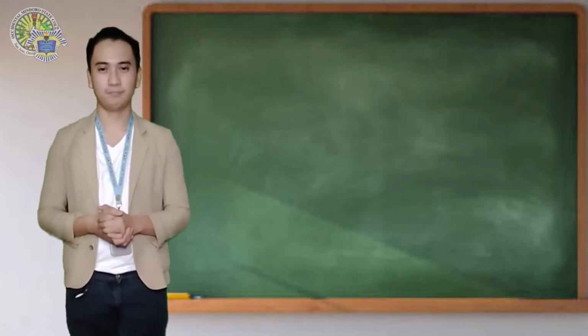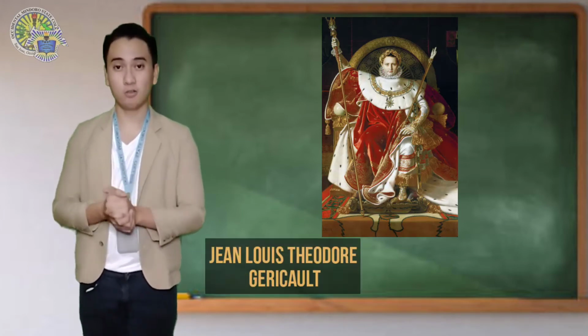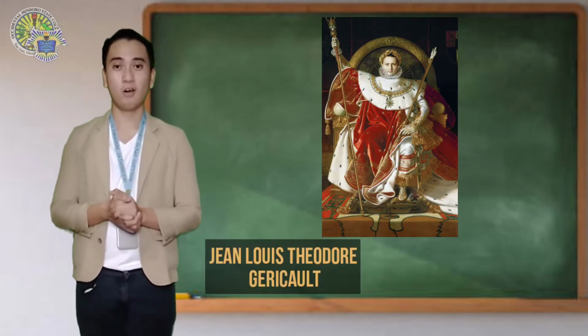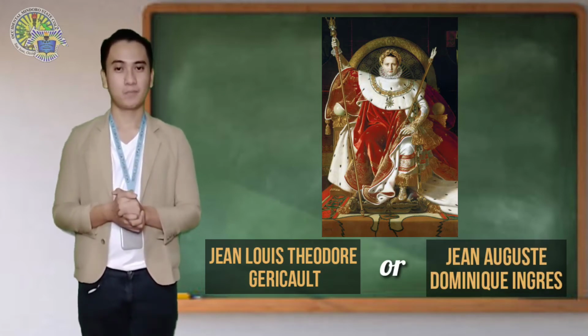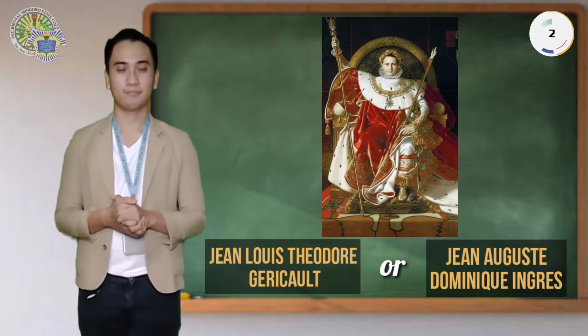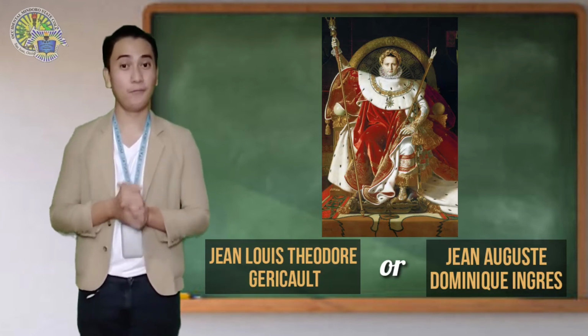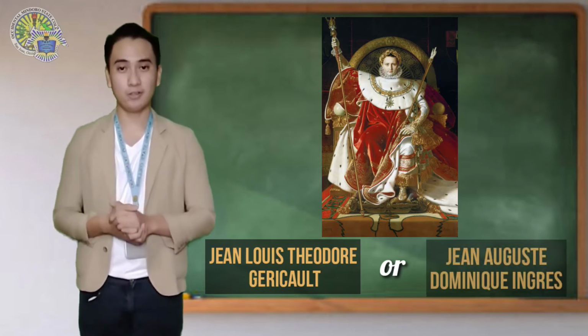Next picture. Who do you think created this? Is it Jean-Louis Theodore Géricault or Jean-Auguste Dominique Ingres? Guess who? Alright, if your answer is Jean-Auguste Dominique, you are absolutely correct.